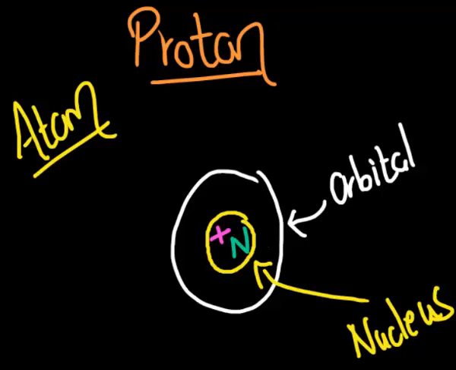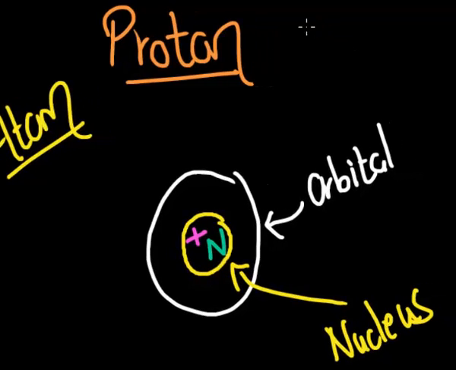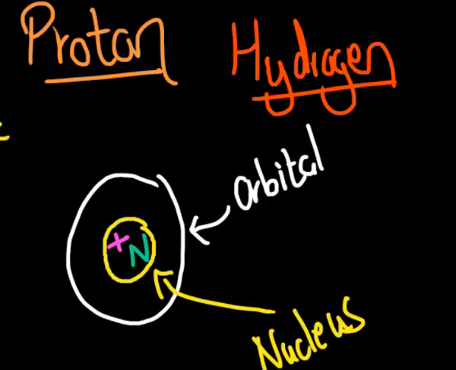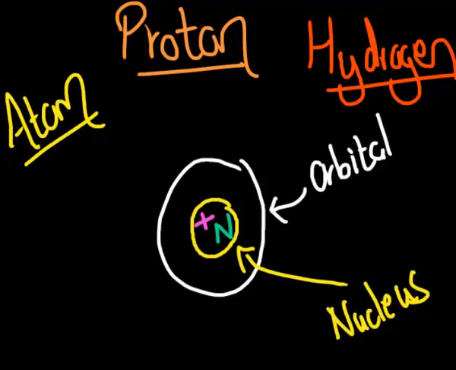If we're specifically going to refer to the hydrogen atom, then you would see according to the periodic table, it's got a proton number of 1. That means it's got only one positive particle found inside of the nucleus, and if this is a neutral atom, like all atoms are, then that means there will only be one electron, because only one negative will be needed to cancel out this positive to make it a neutral atom.